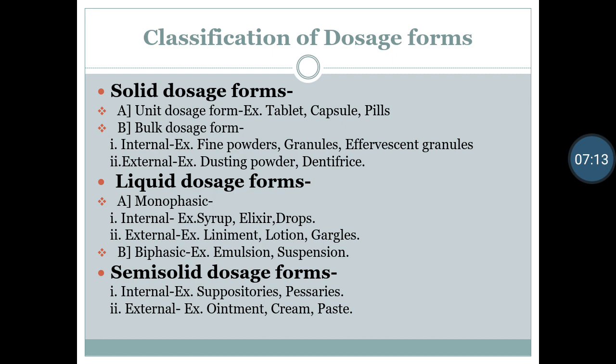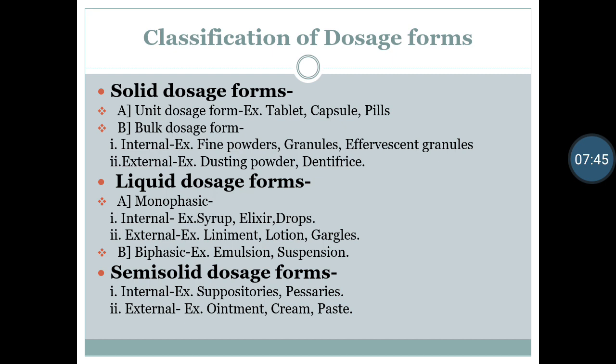The examples of internal liquids are syrup, elixir, drops, linctuses, etc. The examples of the liquids which are applied externally are liniment, lotions, gargles, mouthwash, spray, eye lotion, eye drop, nasal drop, etc.